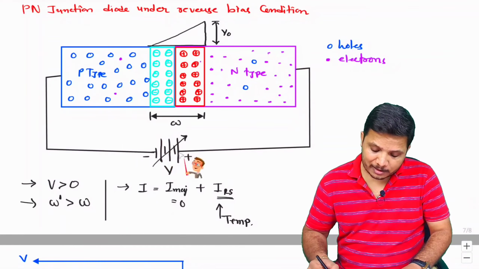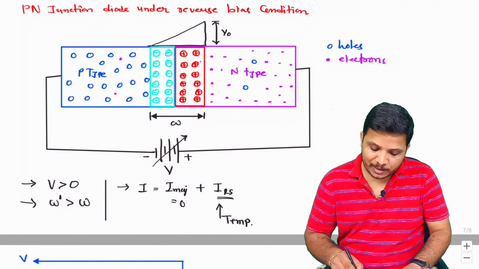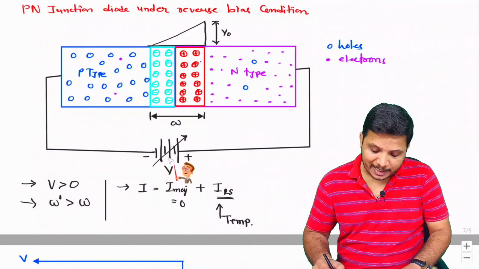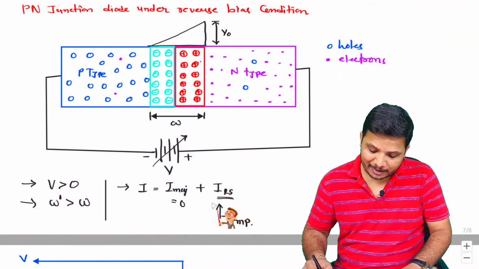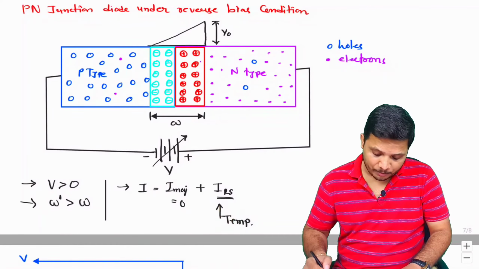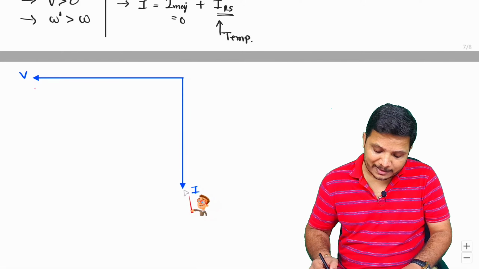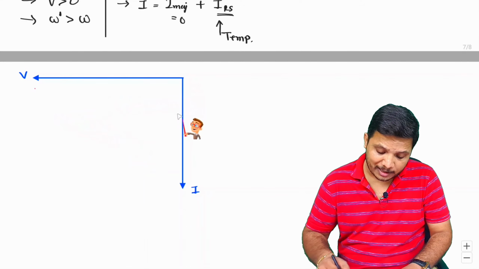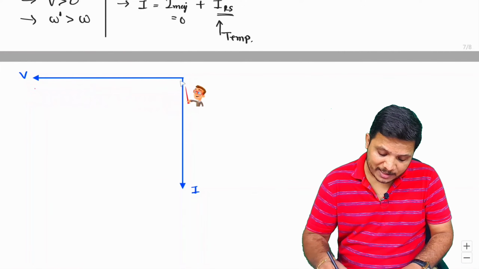You see the polarity is minus and plus with P and N, so it is negative voltage, and here current is flowing due to minority carriers, right? So current is negative. Voltage and current are both negative, so one can say the characteristic is in the third quadrant.